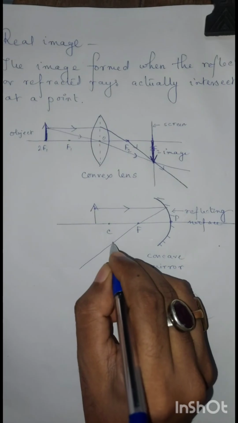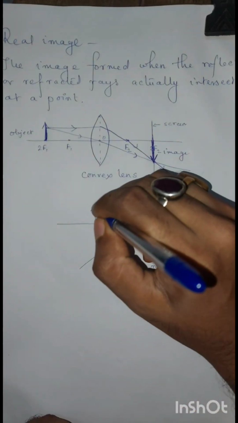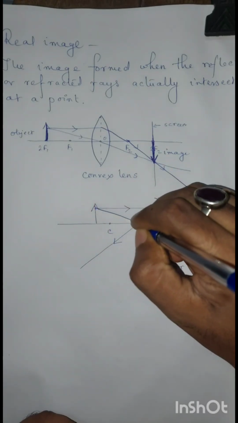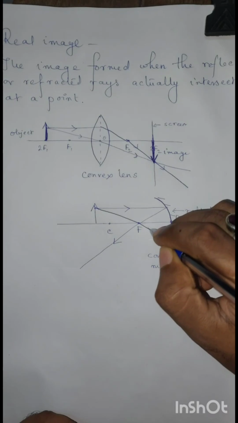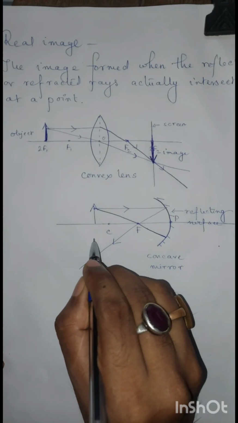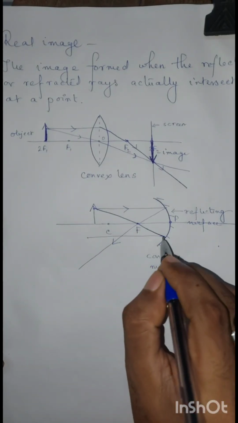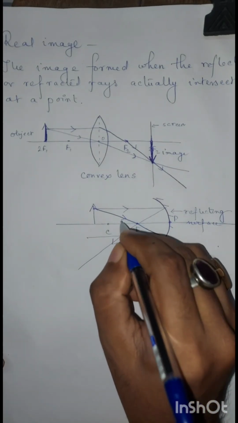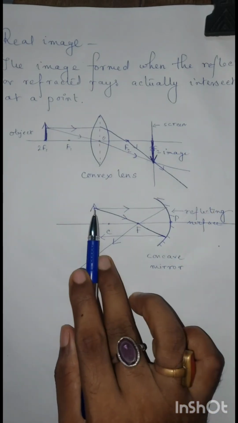So this is the direction. Now again another light ray passing through the point F, after getting reflected by the mirror. So this is our ray 1, this is our ray 2.